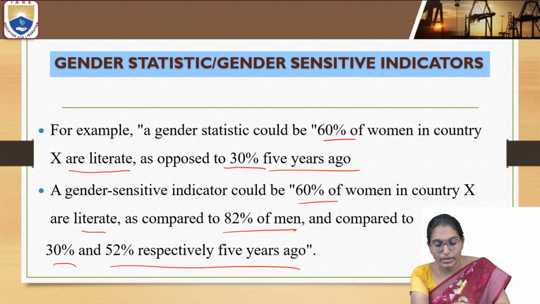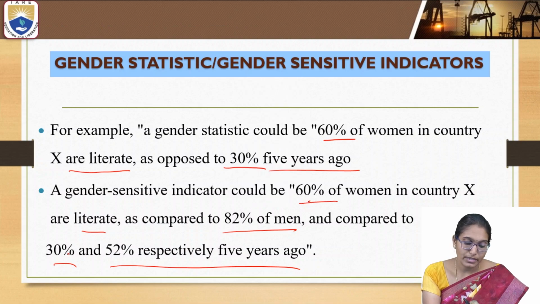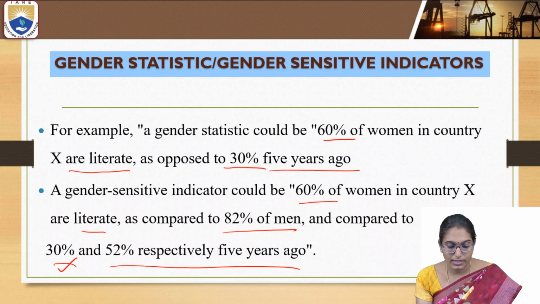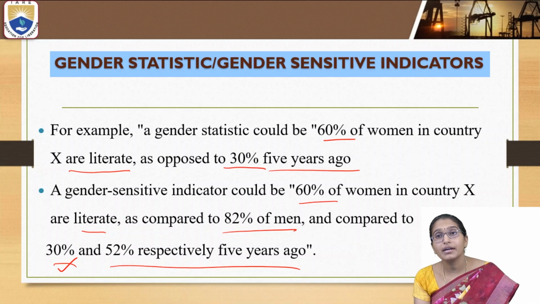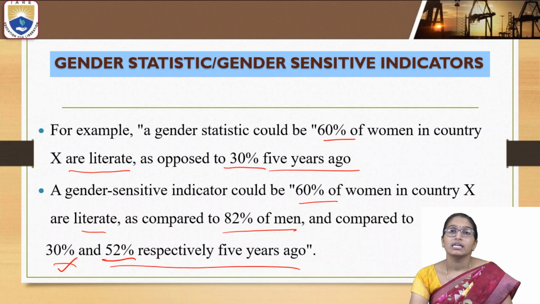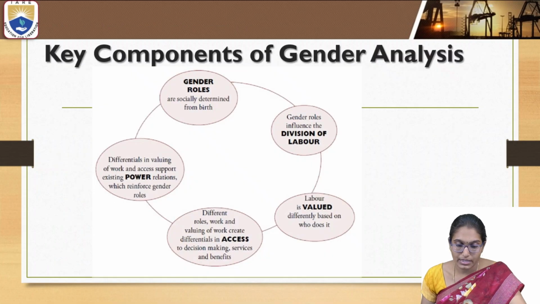So 60% of the women with respect to the 30% of total. So the remaining will be what? 30%, and then 82% of the men are educated, for example, and 52% of the women are educated. So it gives the statistical evidence of how this men to women relationship is there.